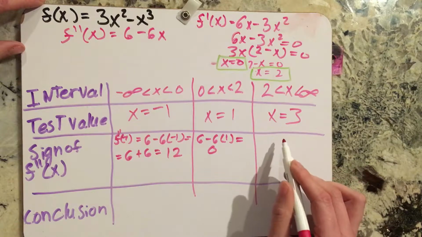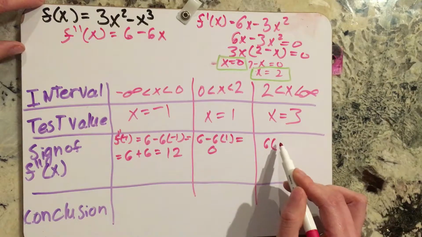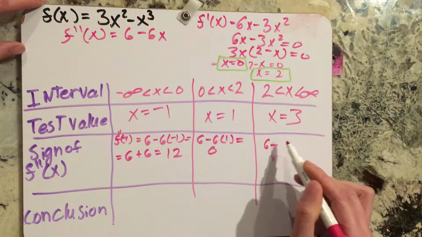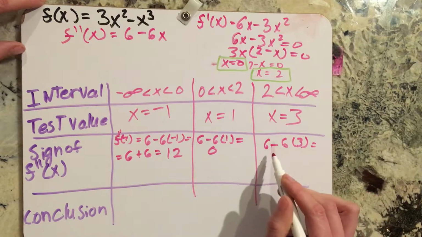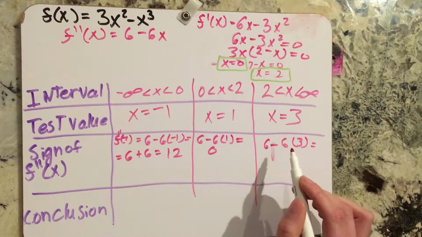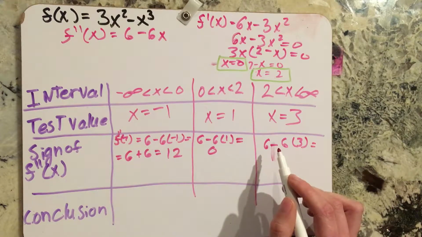And then here we get 6 minus 6 times 3, which is equal to 6 minus 18, which should give us -12. Yes, -12.